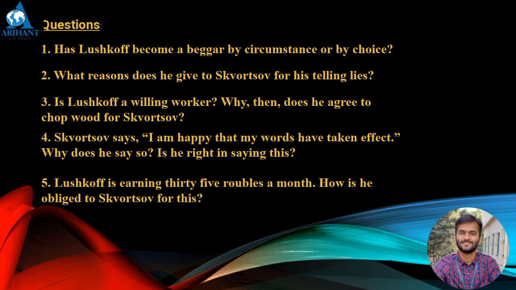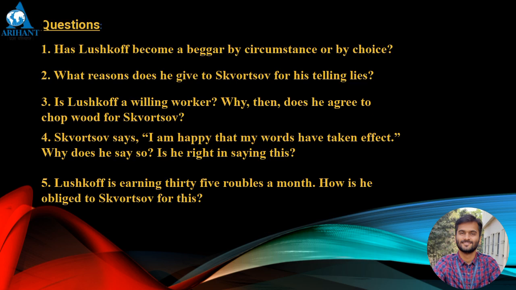This is a very simple question. Second one, what reasons does he give to Scoto for telling a lie? Third question, is Lushkov a willing worker? Why then does he agree to chop wood for Scoto?